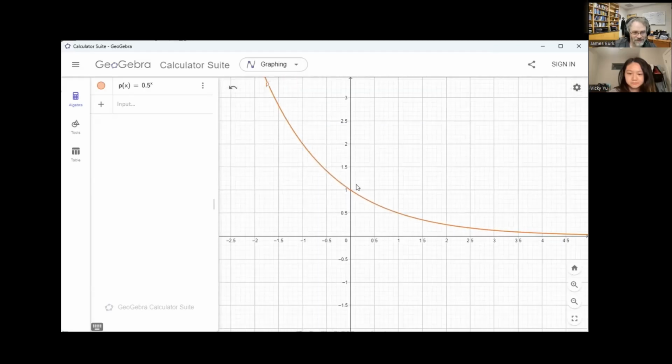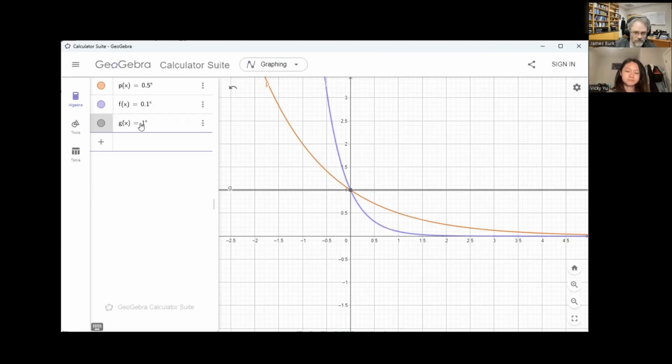It's dropping fast. And if I looked at 0.01 raised to the x power, it's dropping even faster. So when I get to that value of 1, that's kind of like a fine line. I'm either going to go all the way up towards positive infinity or drop down to 0. That's what that means over here with our common ratio.